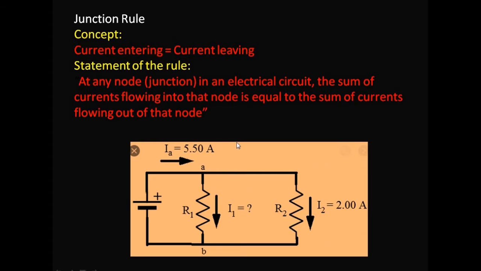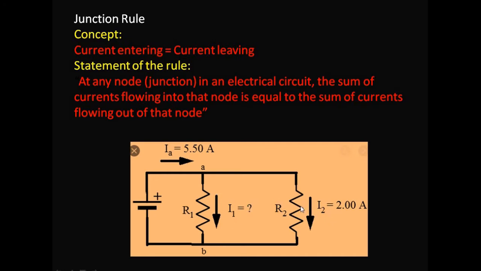Now in this particular case, the entering current is given as 5.50 ampere. One of the leaving currents, I2, is given as 2.00 amp. The value of I1 is not given, but we can work it out using the junction rule, because the entering current will be the same as the sum of the leaving currents I1 plus I2.